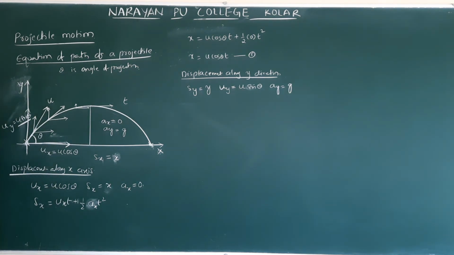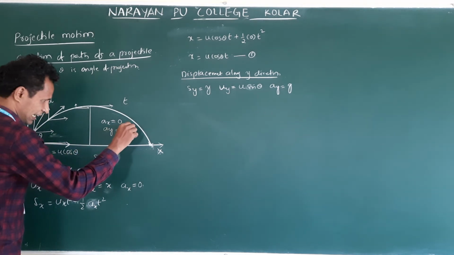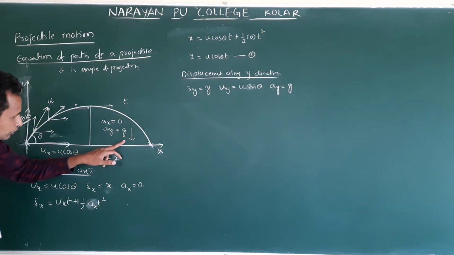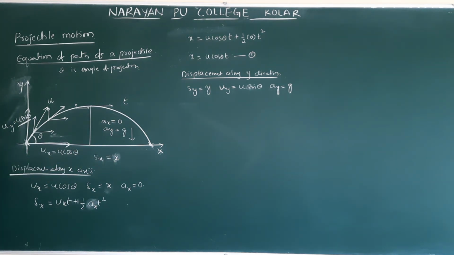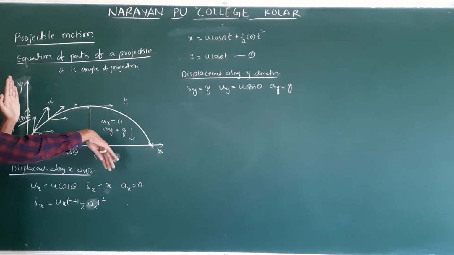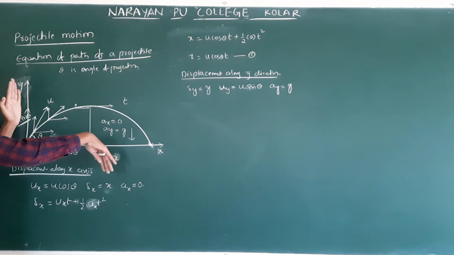Here is a very important point. The initial velocity is acting in the upward direction, but g is acting in the downward direction. Are these two in the same direction or opposite direction? U sin theta is acting up, g acting down. These two vectors are opposite in nature.